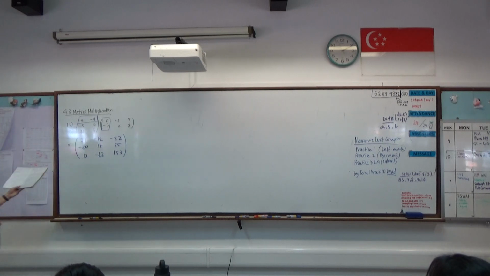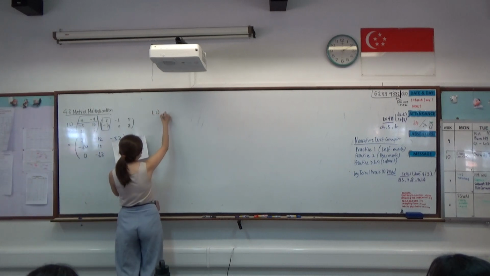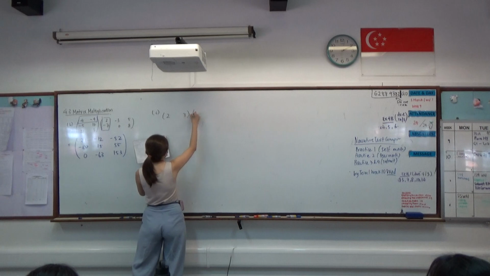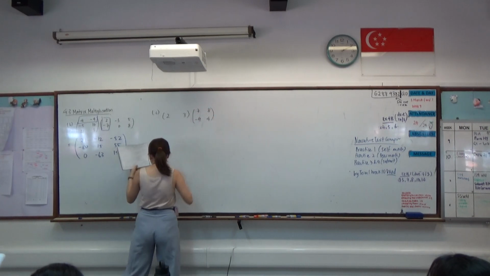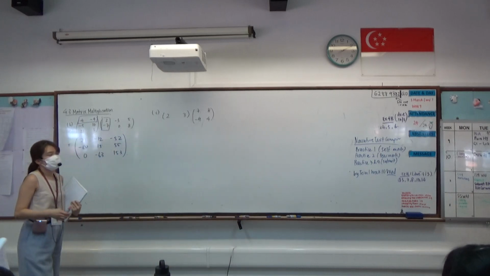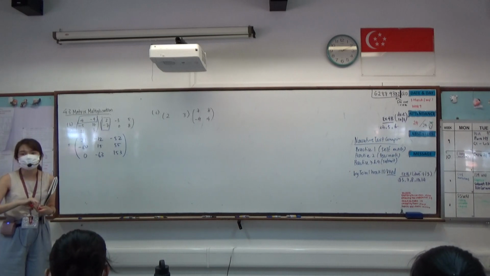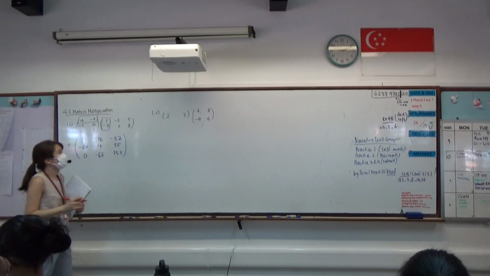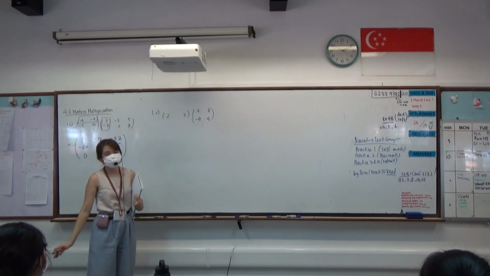Okay, so let's look at another one. We have here 2, 3 for one matrix, then the other matrix I have 7, 8, negative 9, 4. What is the order of this first matrix? Chloe?